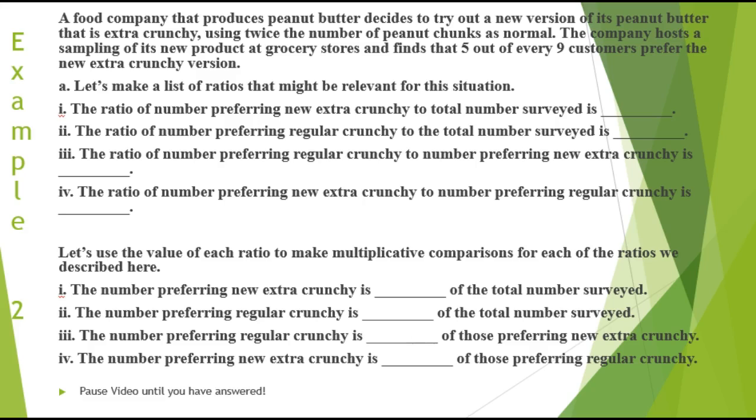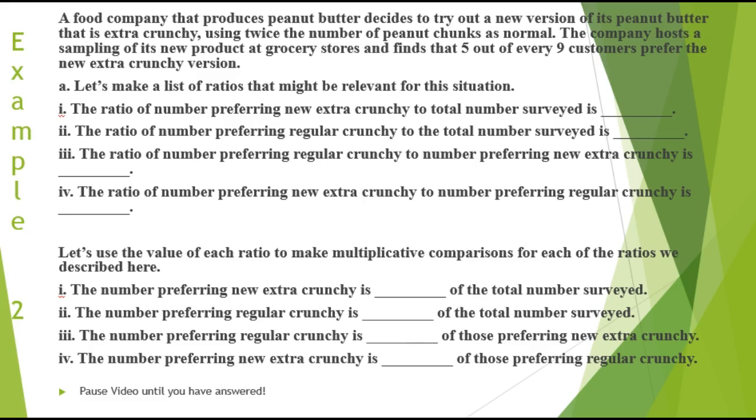The ratio of number preferring new extra crunchy to total number surveyed is blank. 2. The ratio of number preferring regular crunchy to total number surveyed is blank. 3. The ratio of number preferring regular crunchy to number preferring new extra crunchy is blank. And 4. The ratio of number preferring new extra crunchy to number preferring regular crunchy is blank.